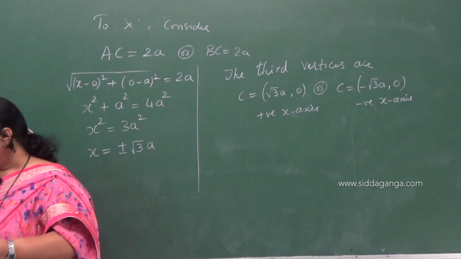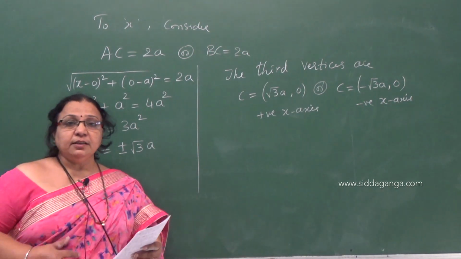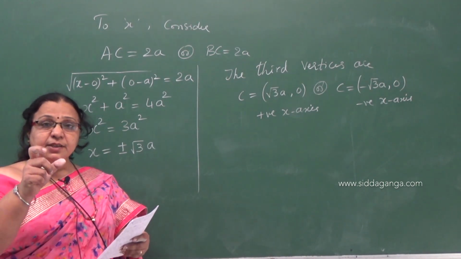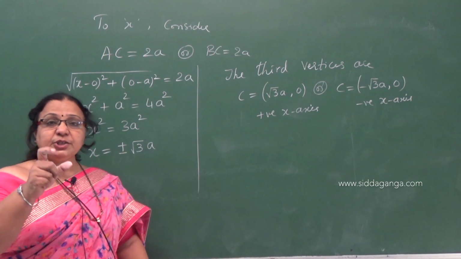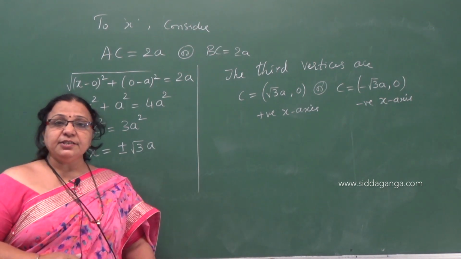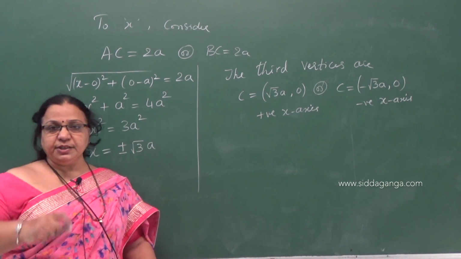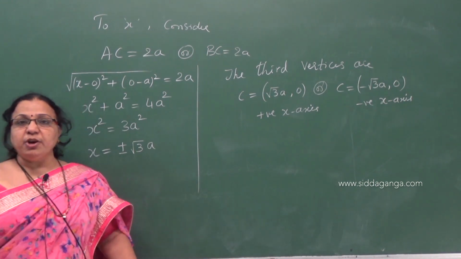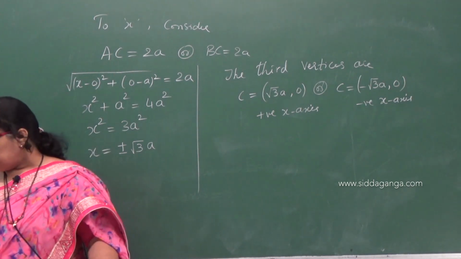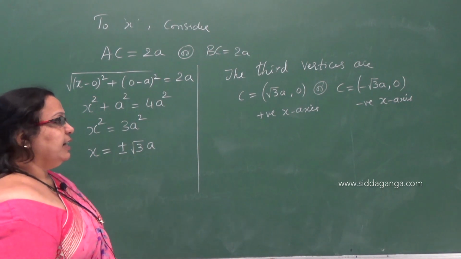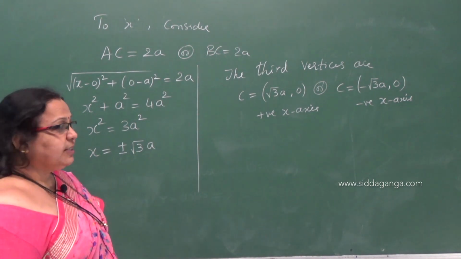Now here is one basic idea: by seeing the coordinates of the points we can directly say what the slope of the line joining such points is. Let us consider another concept here.